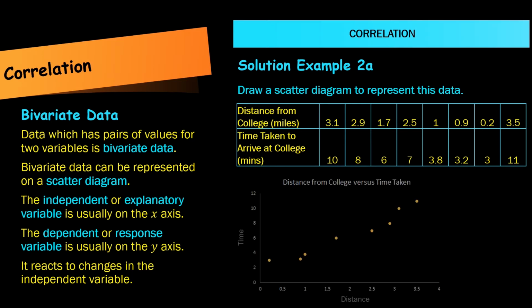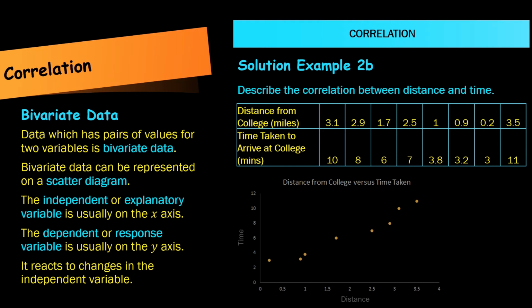So here it is. Notice that distance is on the x-axis and time is on the y-axis because the time taken is affected by how far away or how close a student lives to the college. In part B, we're required to describe the correlation between distance and time.